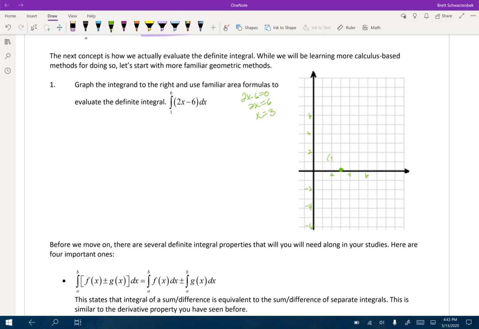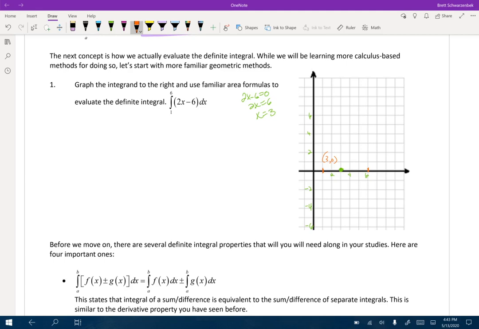Actually, let's use a different color. So that's the point 3, 0 right there. We know that this is going to go through some other points. Where are we going from? We're going from 1 to 6, so about from here to here. It would be wise to substitute these in.